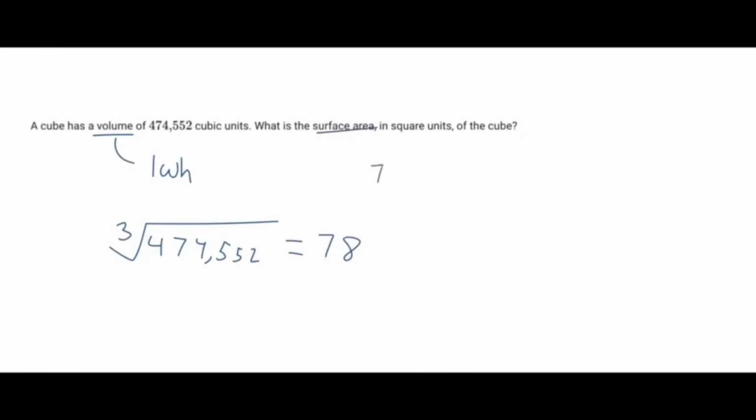So we have 78 times 78. That will give us the area of one side. And we know there are 6 faces to a cube. And so we can just multiply this by 6, giving us a final value of 336,552.